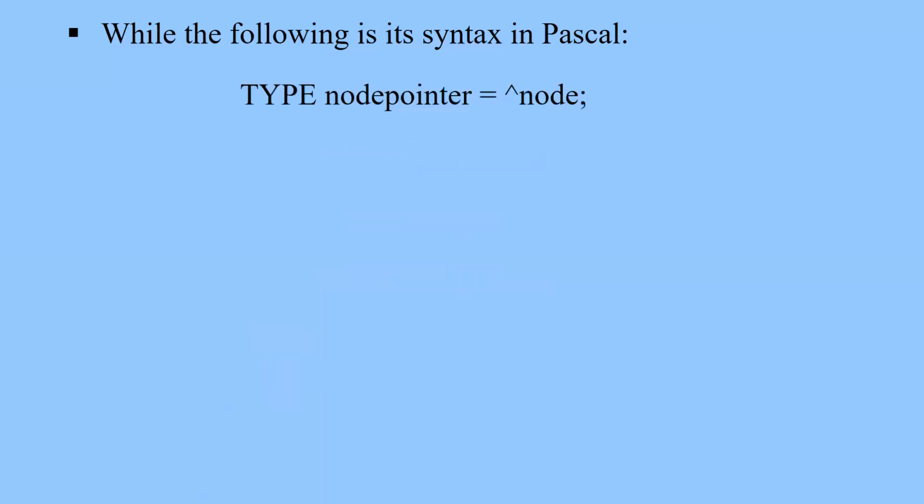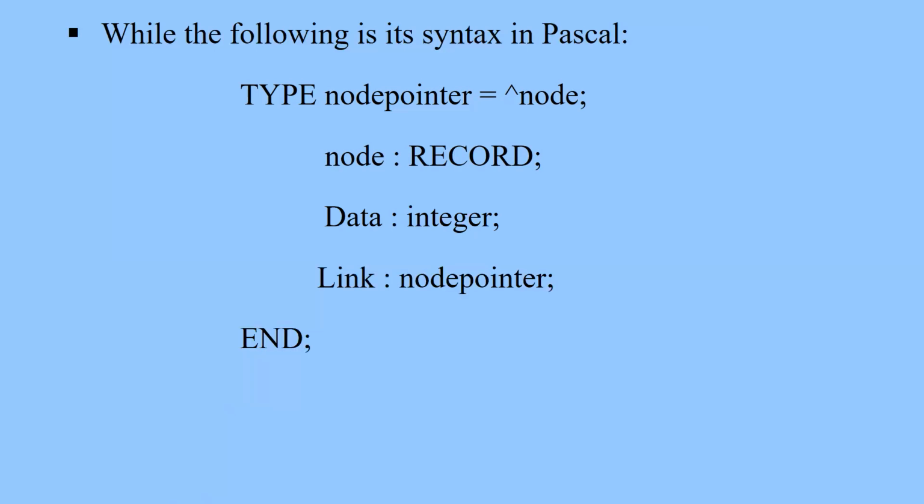So our linked list is called node pointer. It points to node, and it has the following members. One is node of type record, the other is data of type integer, and another member is link, of type node pointer, so it points to the next node. And then end.